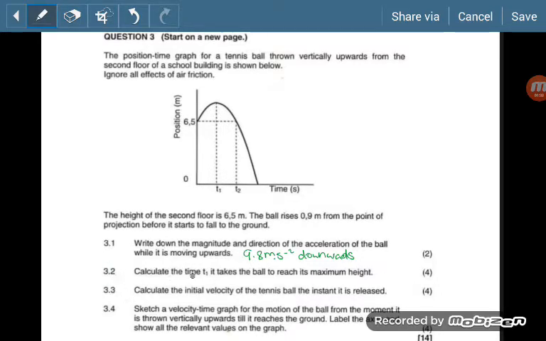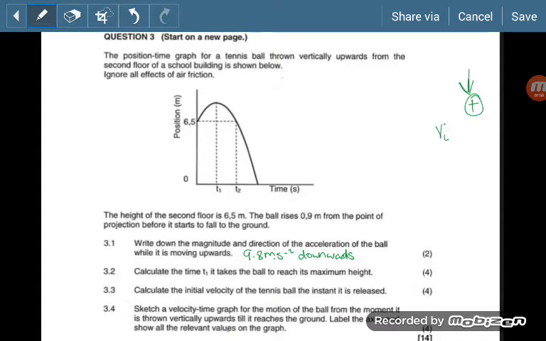Question 3.2. Calculate the time t it takes the ball to reach its maximum height. I want to say that this is quite a difficult question, but it looks so simple it might be difficult, but let's look at it. Mostly we list our data. In this case, I'm going to take downwards as positive, and list everything that I have.